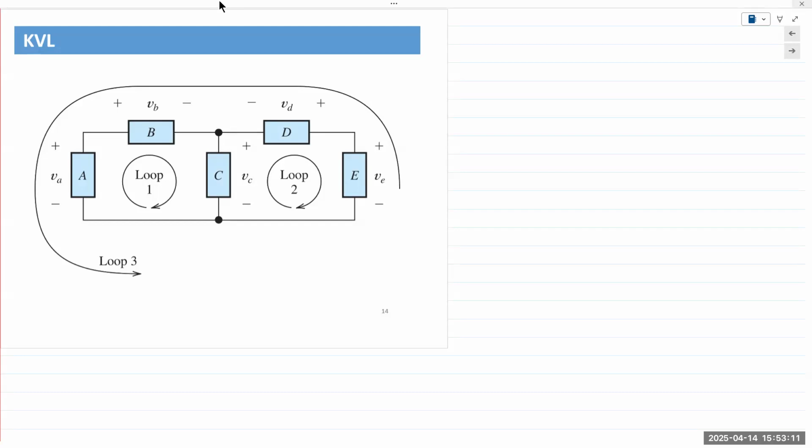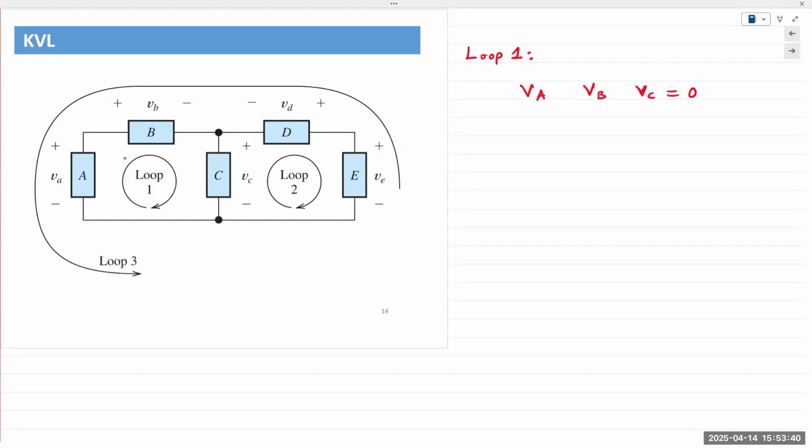With a loop, it's not as straightforward. So the way I do it is, I identify the loop that I want to apply KVL to. So let's say I'm applying it for loop 1. For loop 1, I have 3 voltages, VA, VB, and VC. And these should all sum up to 0.